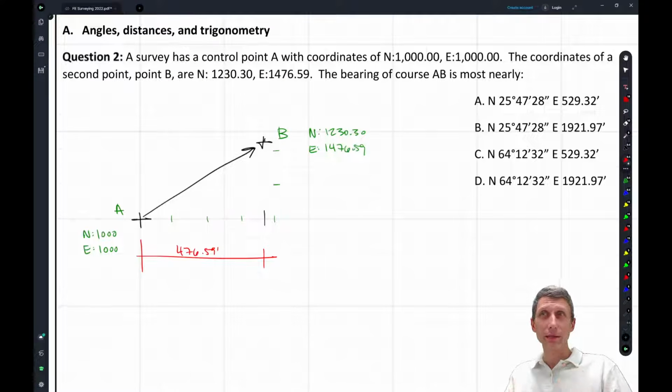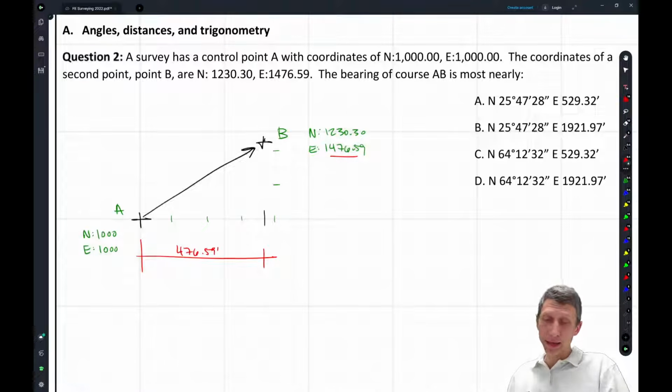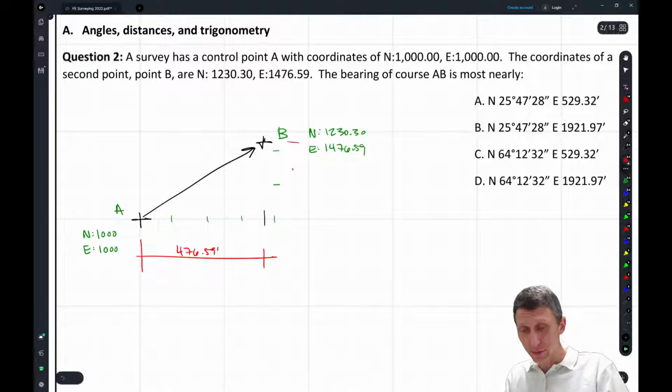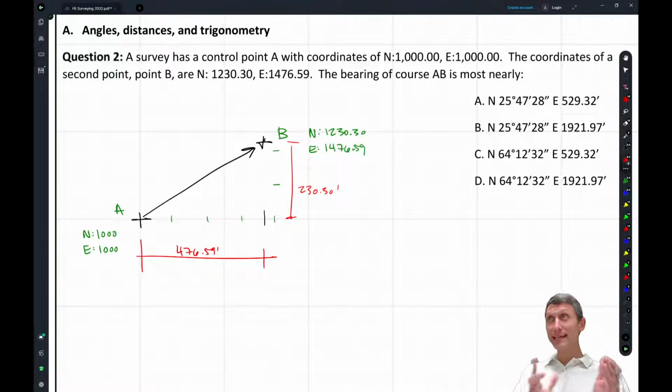So I just subtracted the one coordinate from the other coordinate, and I just got that distance. And similarly, we're going to have a vertical distance here of 230.30 feet. Okay, so nothing too crazy. But once we have that, the distance of this bearing should be pretty straightforward, right?